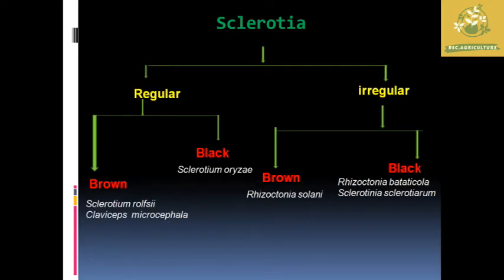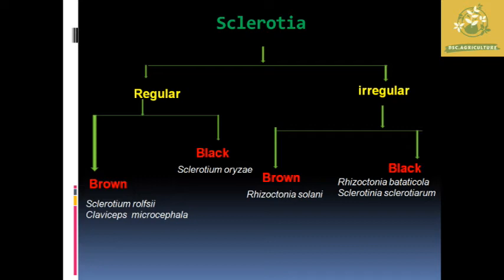Sclerotia are classified into two types: regular and irregular. Regular ones can be classified based on their color, brown as well as black. I have given some example organisms based on color, like Sclerotium rolfsii and Sclerotium oryzae.